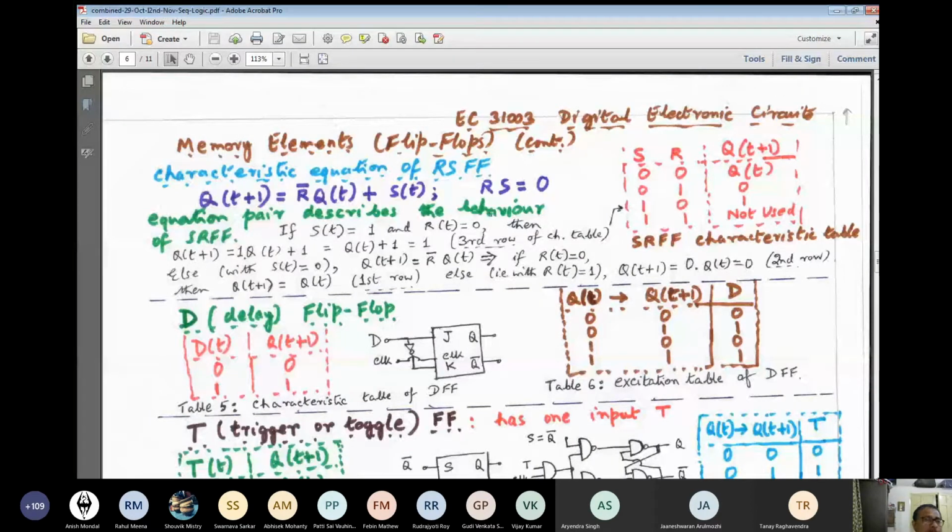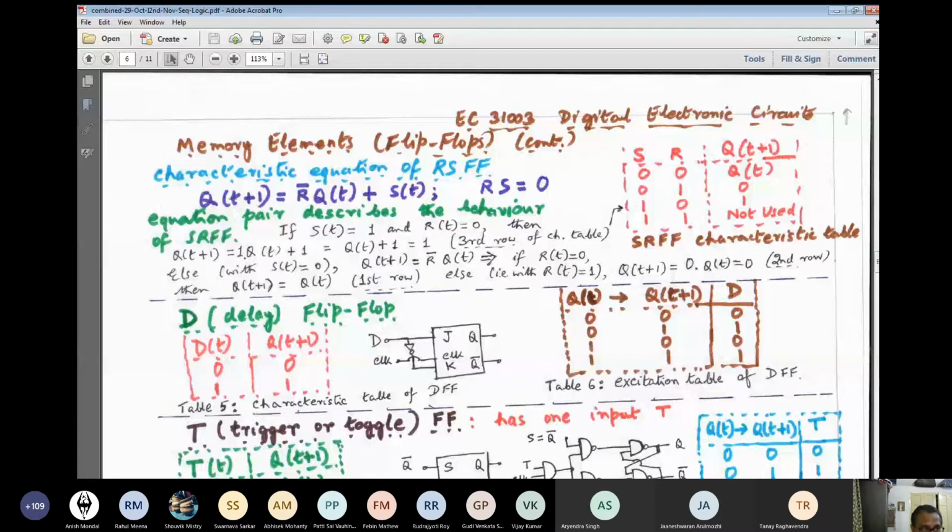Clear? On the other hand, suppose S(t) becomes 0. If S(t) is 0, then the equation boils down to Q(t+1) equal to R bar Q(t). If R(t) is 0, then R bar goes to 1, so Q(t+1) will be the same as Q(t), right? So if both S and R are 0, it refers to the first rule. Now Q(t+1) equal to R bar Q(t). What will happen if R equals 1?